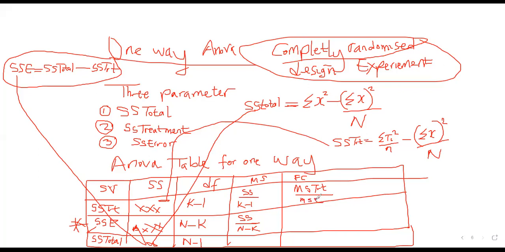So we are going to understand this table thoroughly as we look at examples. So this is about the one-way ANOVA. There are only 3 parameters. This is analysis of variance for one-way ANOVA, which is called a completely randomized designed experiment. So let's now go into the other one, two-way ANOVA.